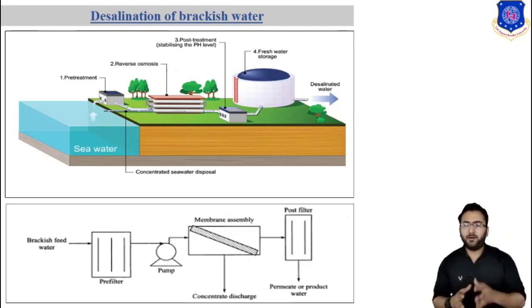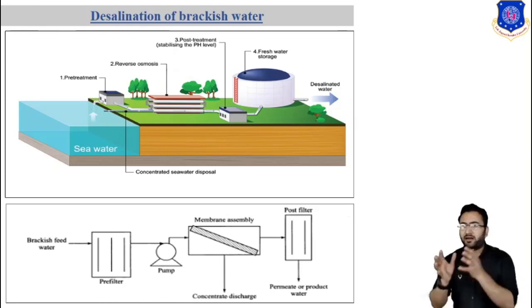Typical pressure for brackish water ranges from 225 to 375 psi, or we can say 1.6 to 2.6 megapascal. In the case of seawater, it ranges from 6 to 8 megapascal. The membrane assembly consists of a pressure vessel with a membrane that allows feed water to pass against it. The membrane must be strong enough to withstand whatever pressure is applied against it.